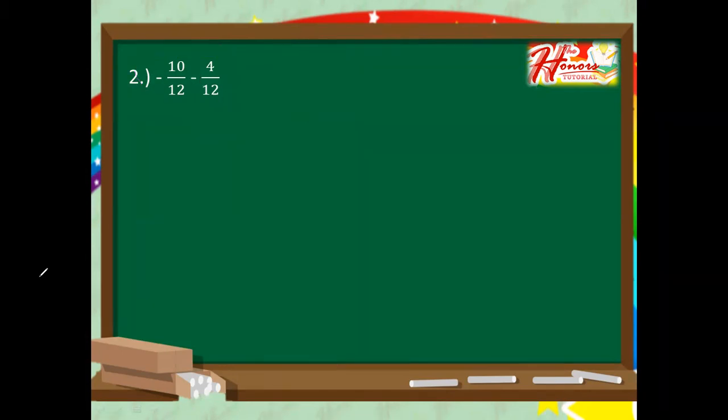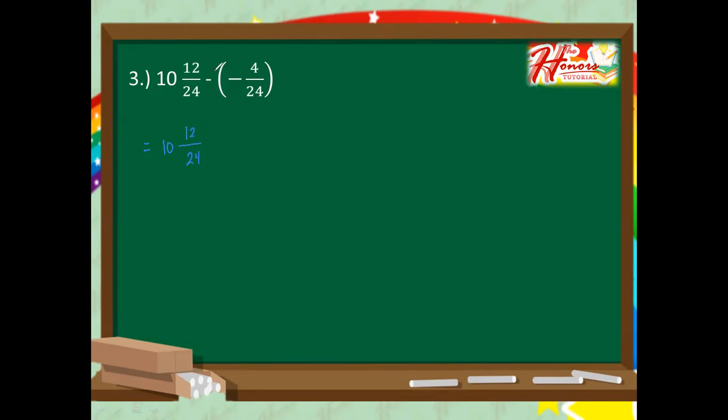Let's proceed with the next example. We have here number 3 next. So for number 3, this is how we are going to solve for it. Copy the first given, which is 10 and 12 over 24.